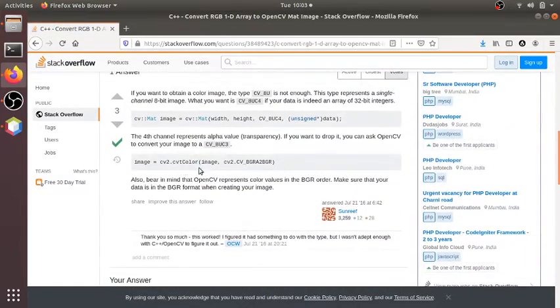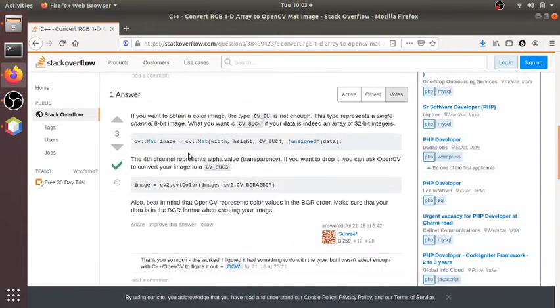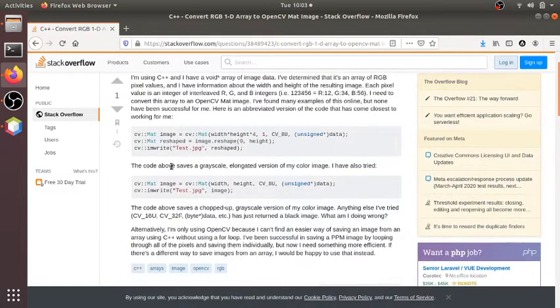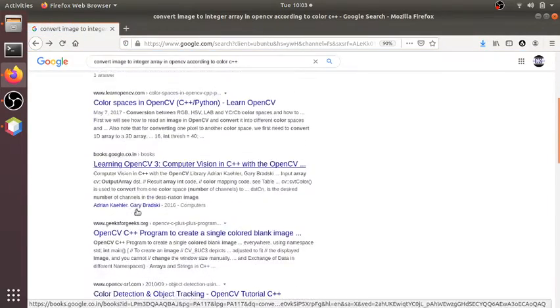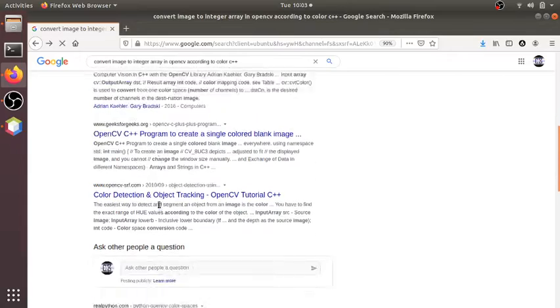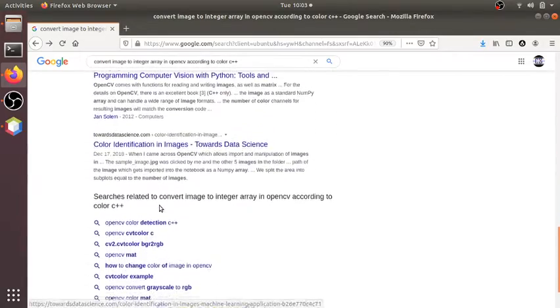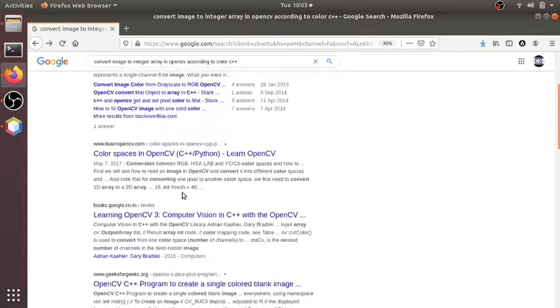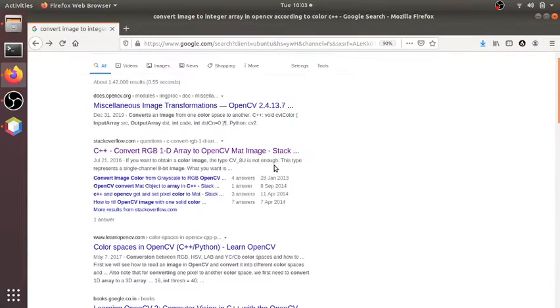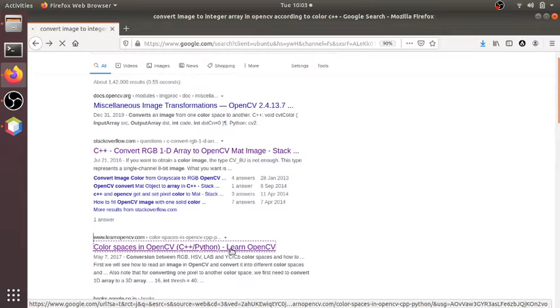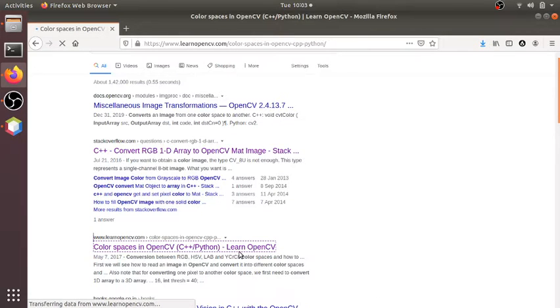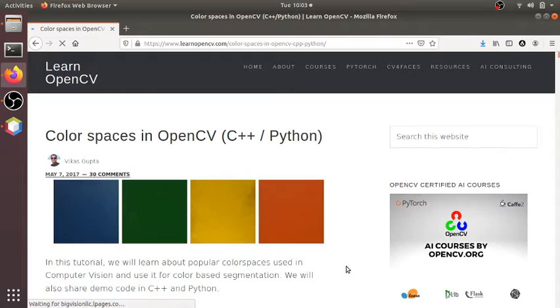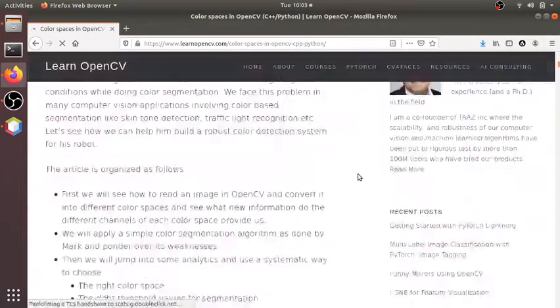Okay, is it this one? cv::Mat width height. So I don't like this. There is a very simple way to do it. Image colors, OpenCV. So maybe color space transformations. Color spaces in OpenCV C++ Python.